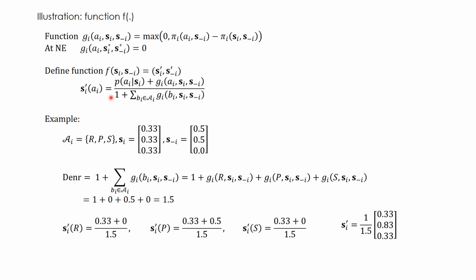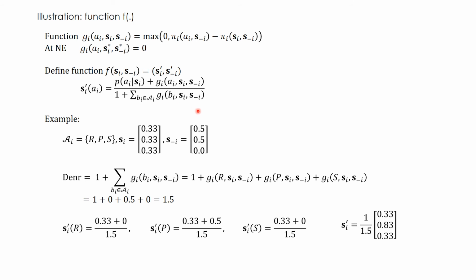And so if we apply this expression to agent i, for each action R, P, and S, we had evaluated the values of G_i, which was G1, and for R we got 0, for P we got 0.5, and we got 0 for S. Rock and scissors gave us zeros, and G_i for P was equal to 0.5.